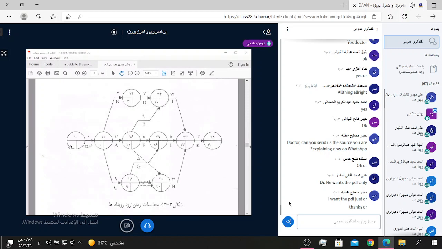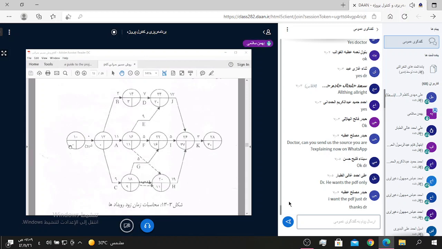After finding the early start of every node, we write the ES in left part. You can see some number in left part.